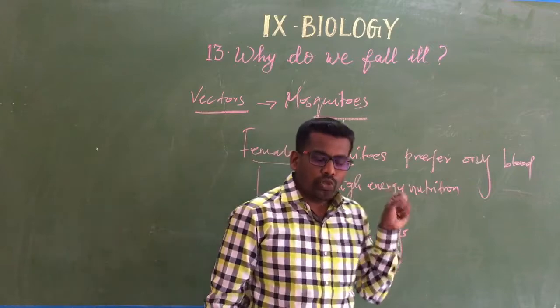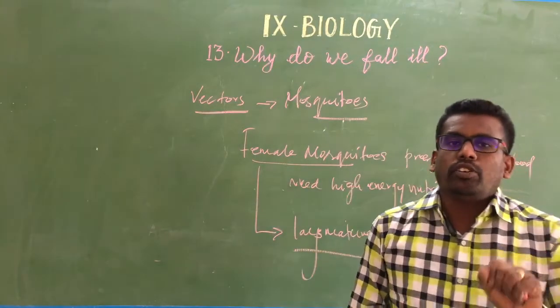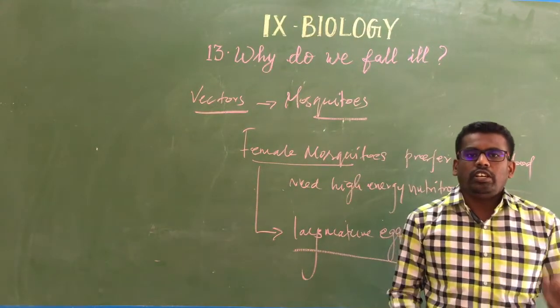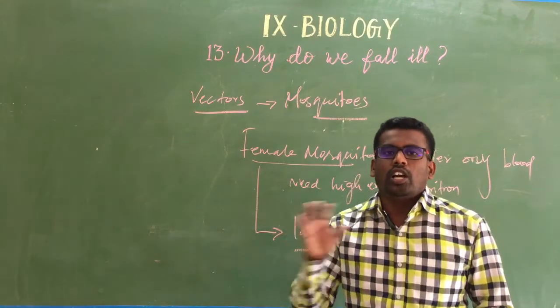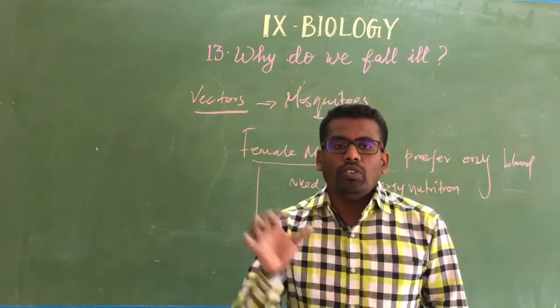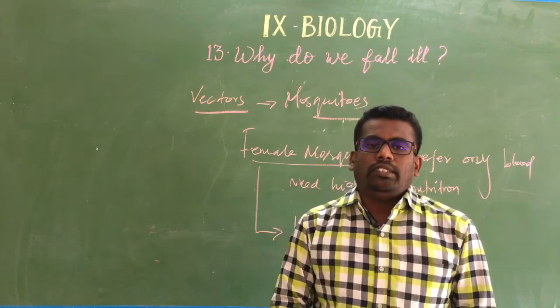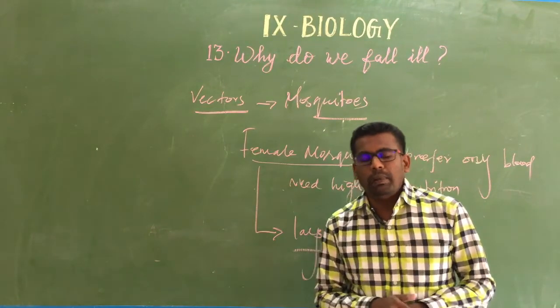For laying mature eggs, they need more energy in the form of blood. That's why female mosquitoes bite us and take our blood.